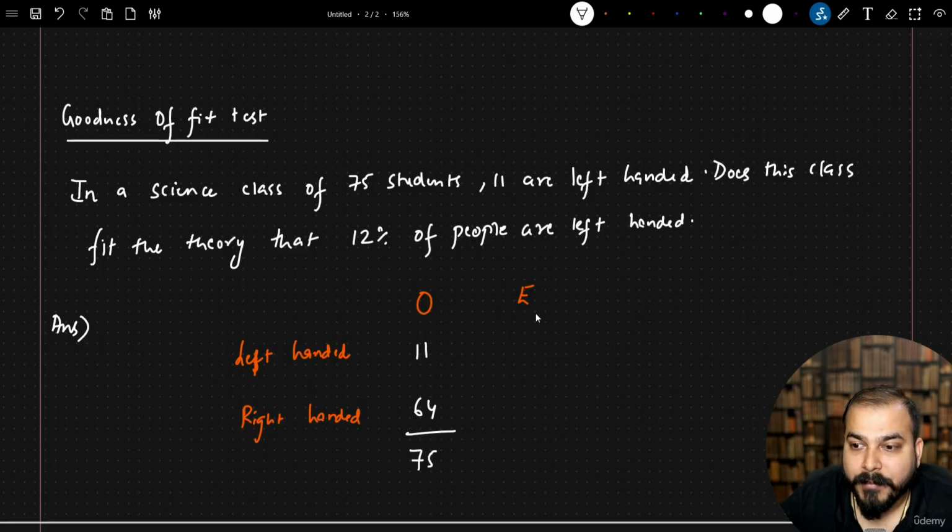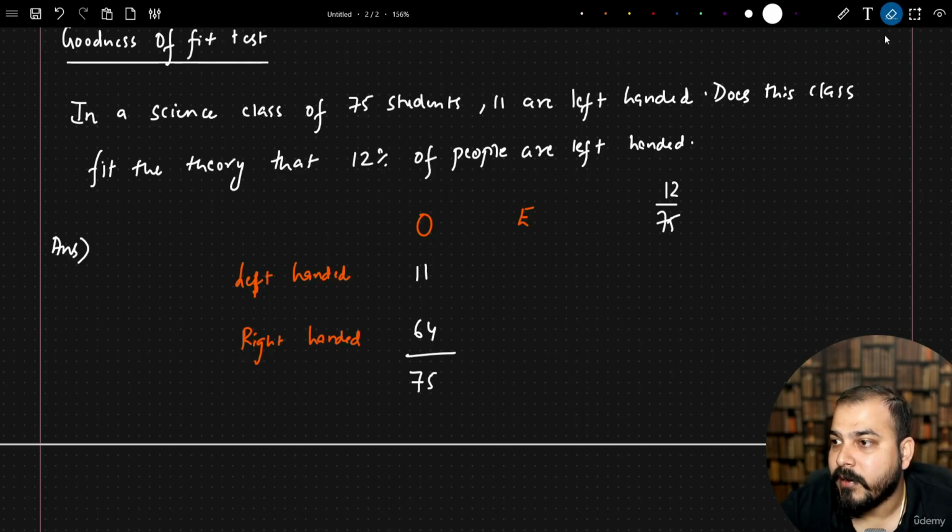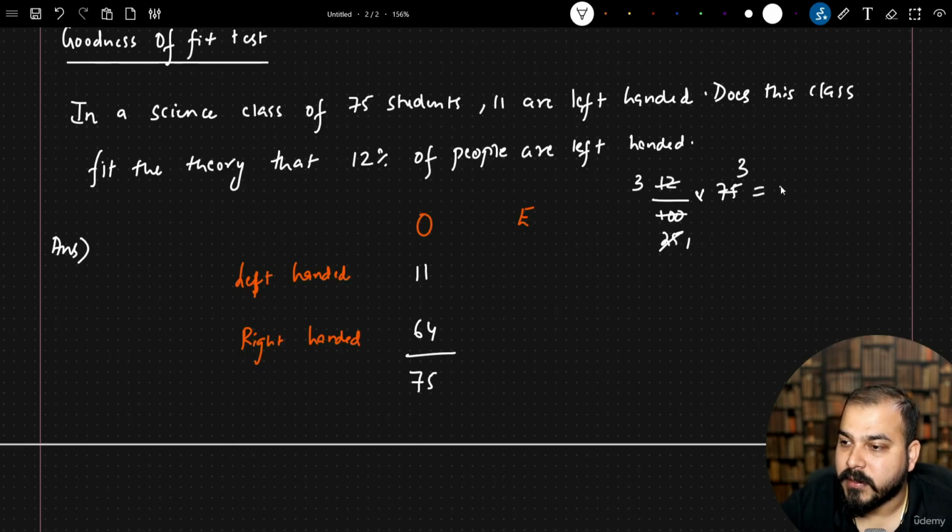Now how do I calculate my expected value? Does this class fit the theory that 12% of the people are left-handed? The expected value gets derived from here. It is very simple: 12% of the people are left-handed, so if I write 12 by 100 multiplied by 75, the value I get is 9 people, which will be the expected value.